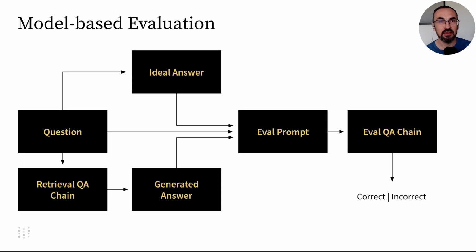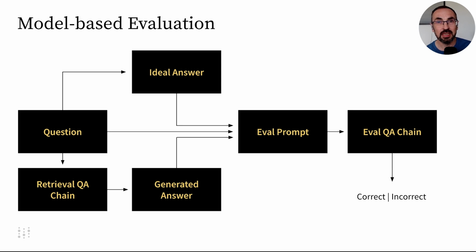To automate the evaluation process, we can use another LLM in a model-based evaluation. In this approach, we gather a dataset of questions and corresponding ideal answers. Ideally, these questions are coming from a production service, and ideal answers are manually annotated by experts.